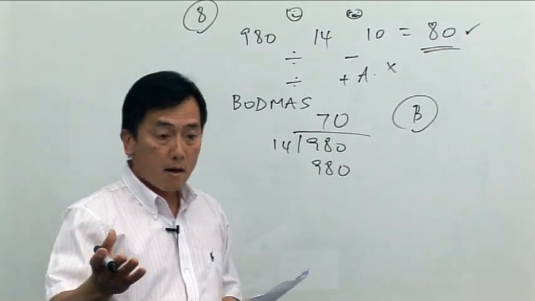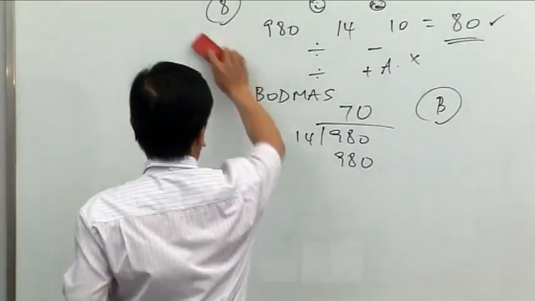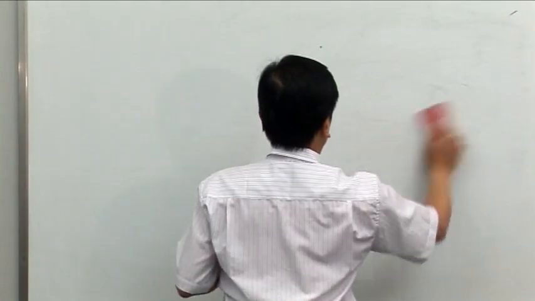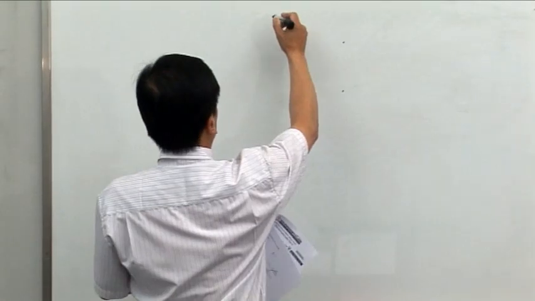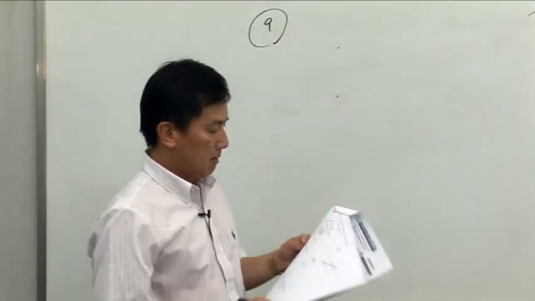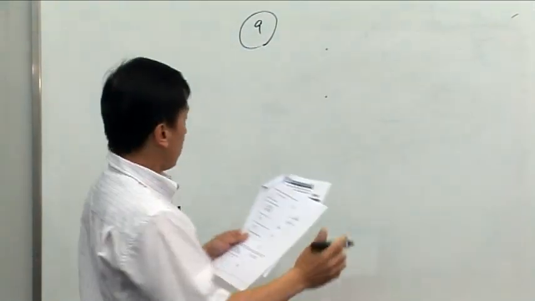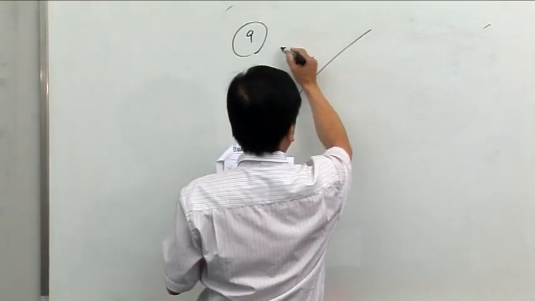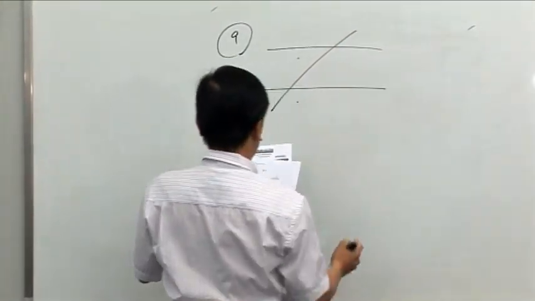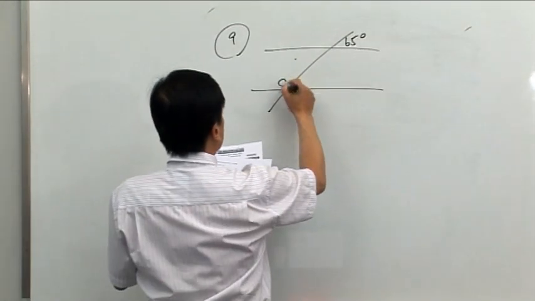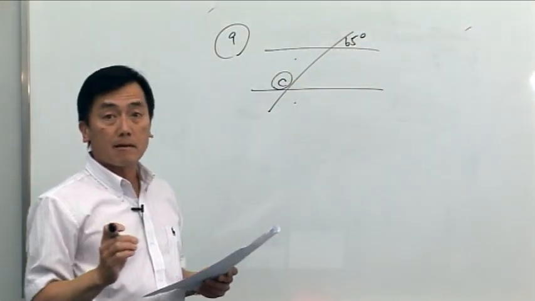Now have a look at question 9, which is our next one. We want to find the value of the angle C. If I can reconstruct the diagram. This is the angle C that we are interested in.